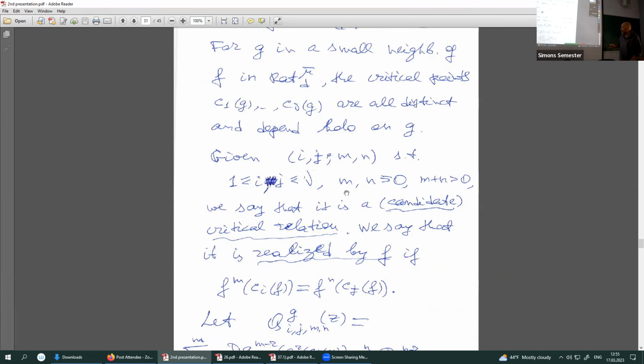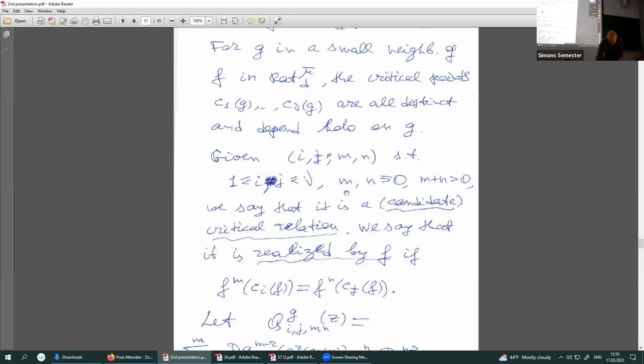But it is realized by F if naturally this holds for this collection. It can happen that I is equal to J, but then of course it always holds if M is equal to N, but it is non-trivial if M is bigger than N. After M iterates, come back, N can be 0, come back to some other critical point or to another point of the orbit.